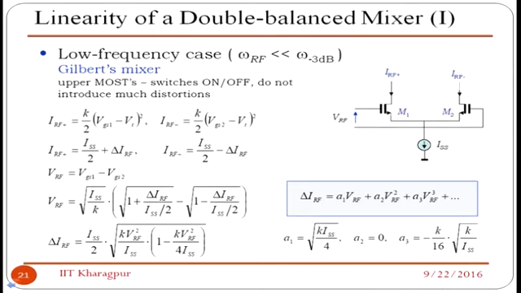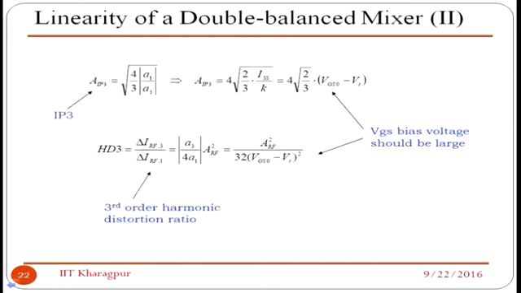Remember, if I have the polynomial expression of my function with the coefficients in terms of the device parameters, then I can find the linearity of this. Then my AIP3 is the square root of 4 by 3 times alpha 1 by alpha 3, and I mentioned alpha 2 is not there. So you can find the IIP3 of this mixer using these coefficients, and then you substitute the values of alpha 1 and alpha 3.